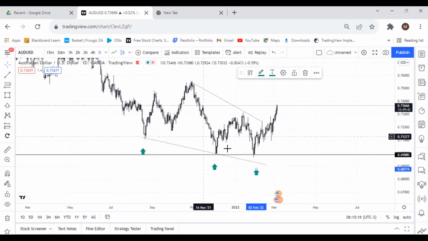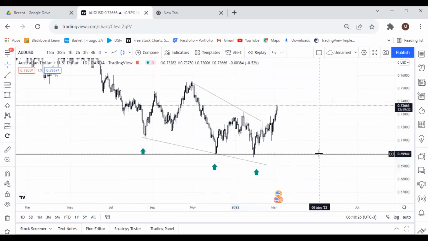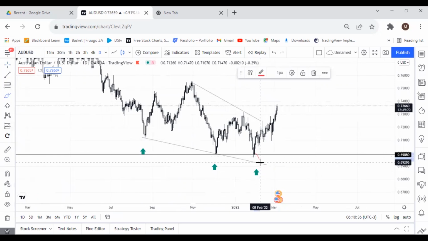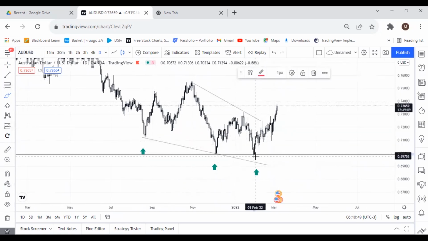With the third one, you can see it didn't really reach our trend line, being this descending support, instead of this one. This is our horizontal line or horizontal ray. So the price, instead of touching the trend line and just rejecting back up, it just rejected on our horizontal ray. You shouldn't freak out like, oh, I can't take this trade because the price didn't reach my trend line.